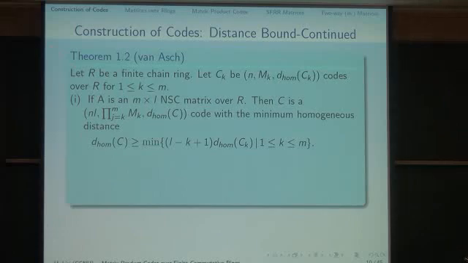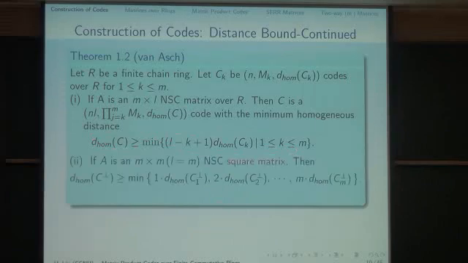He gives this result: R is a finite chain ring, and Ck with these parameters has a minimal homogeneous distance. Then, if A is non-singular by column, the constructed code C has these parameters, length, size, and minimum homogeneous distance, and it satisfies this lower bound.